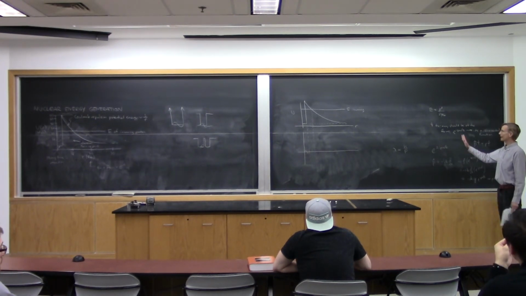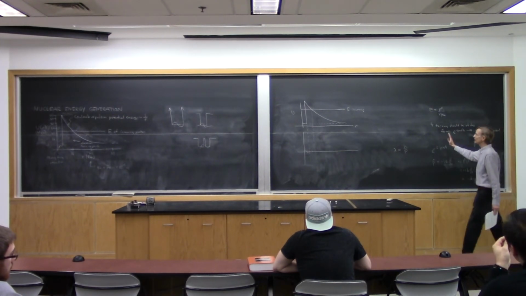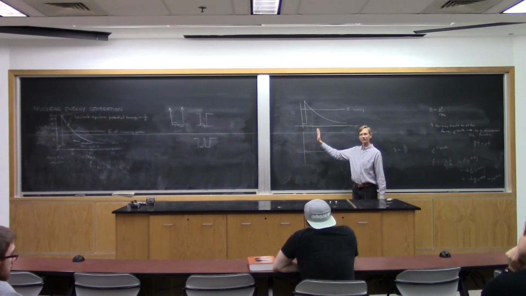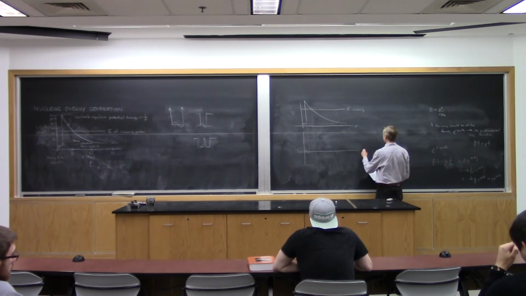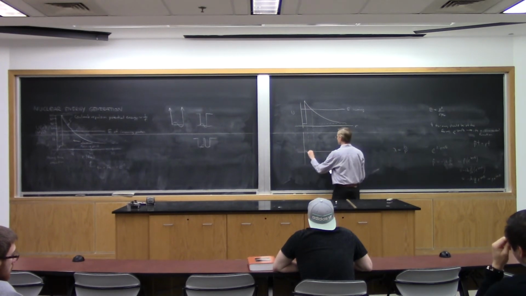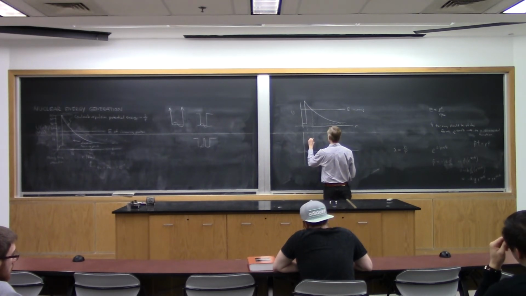So far away, the wave function ought to be a sinusoid. As you get closer in, the momentum is diminishing because it's slowing down, so the wavelength is increasing. Qualitatively speaking, if we just drew, say, the real part of the wave function, I'm going to cheat.